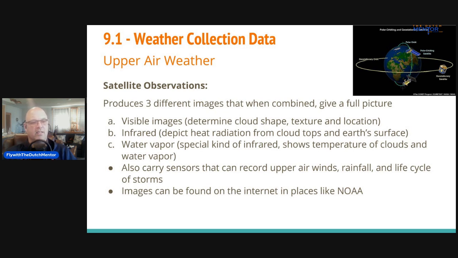What does it look like in time? And of course, that's especially important as you start flight planning for yourself. So here, for example, under the collection of weather, you have visual, you have infrared, you have water vapor. We have other types of sensors that can record all kinds of upper winds and rainfall and life cycles of storms. And the images can be found on the internet, for example, at NOAA.